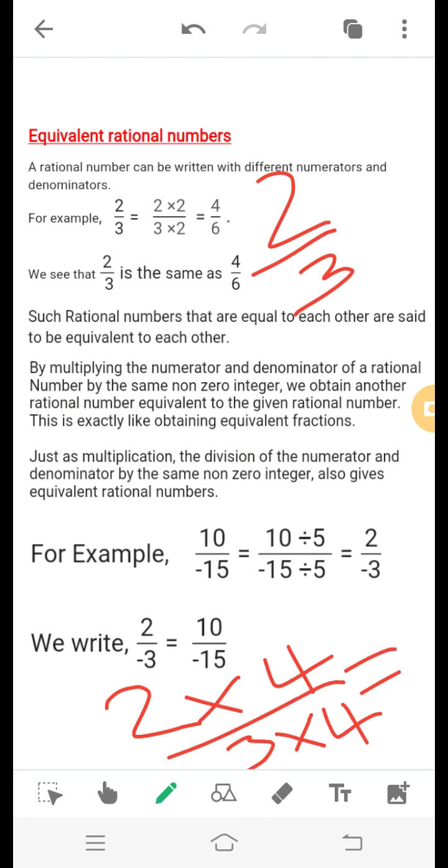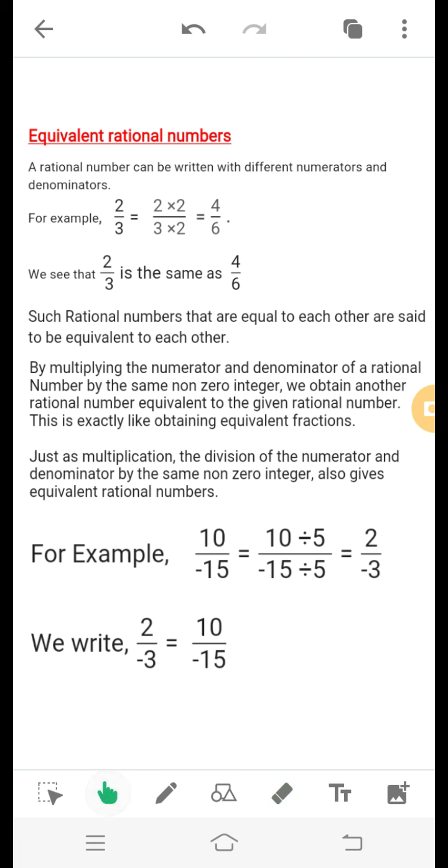Now 8 upon 12 is also equivalent to 2 upon 3. In that case, we have to remember that we must multiply both numerator and denominator by the same number.